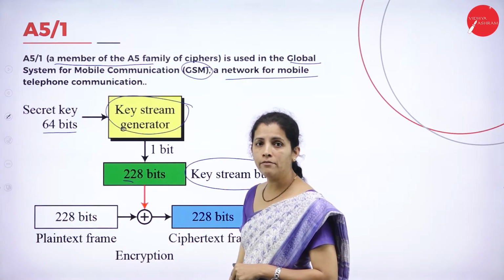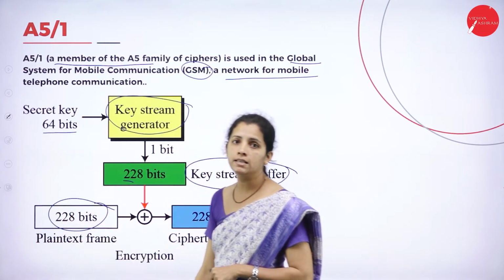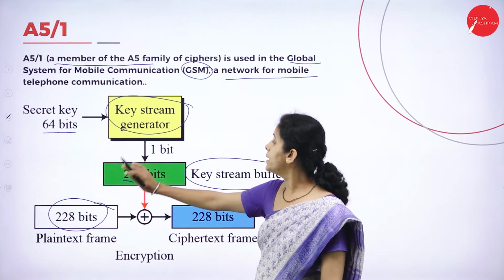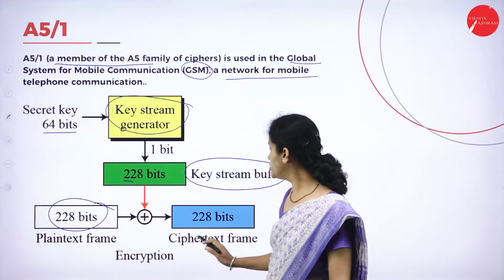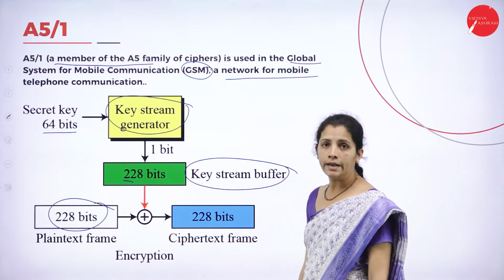Now I have the plain text, whose length is again 228 bits, that is XORed with the 228 key stream bits. After performing the XOR operation, I get a 228-bit cipher text.